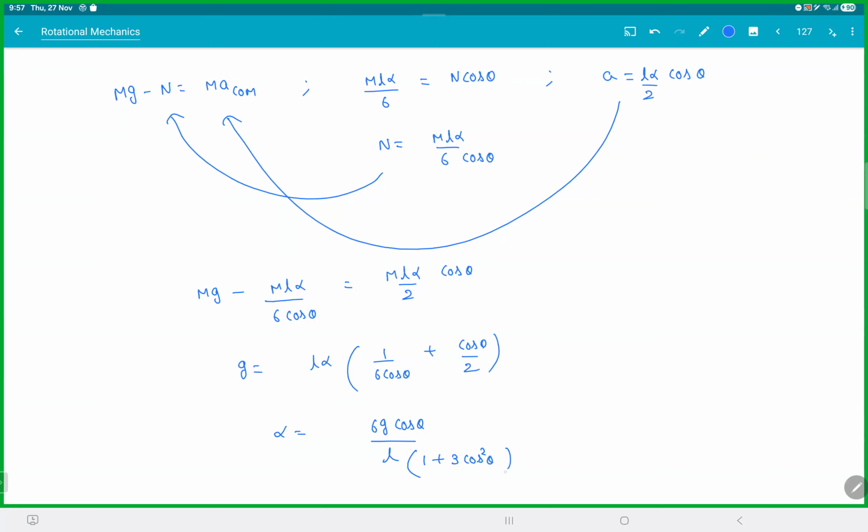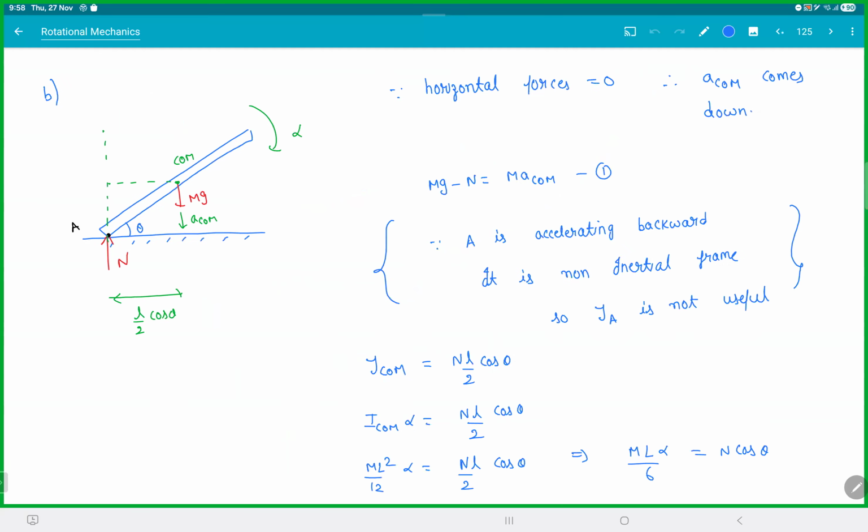Check. That's your alpha. If you want angular velocity, we can find that also. Clear the steps. That's what makes the second problem an advanced one.